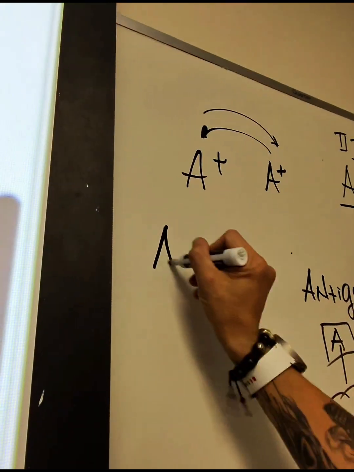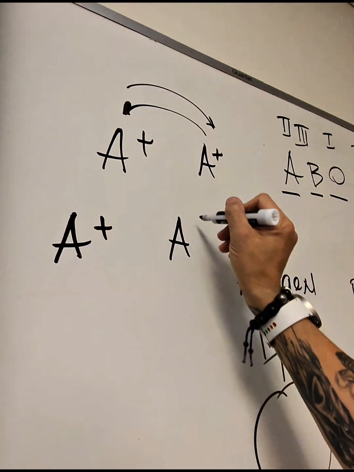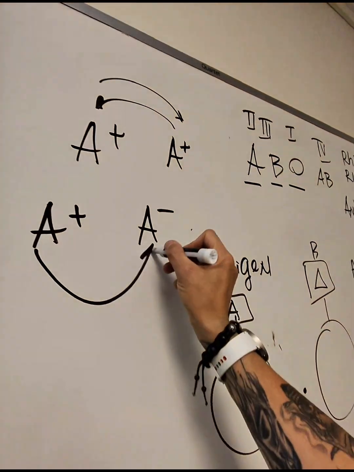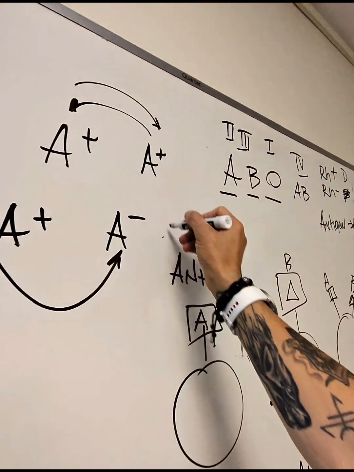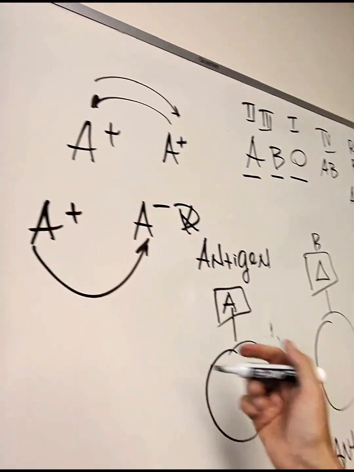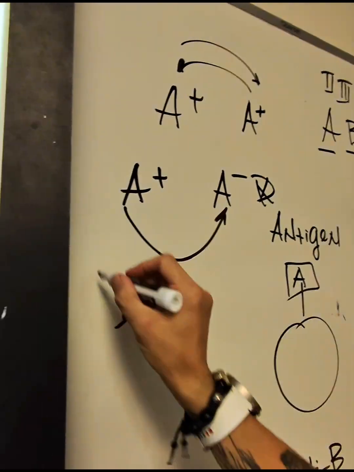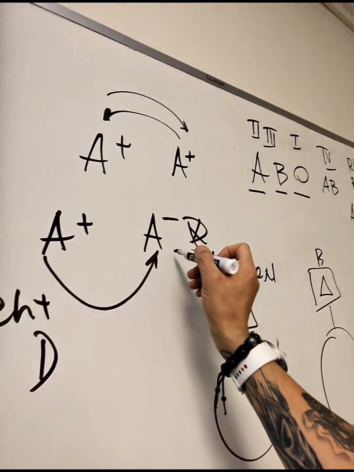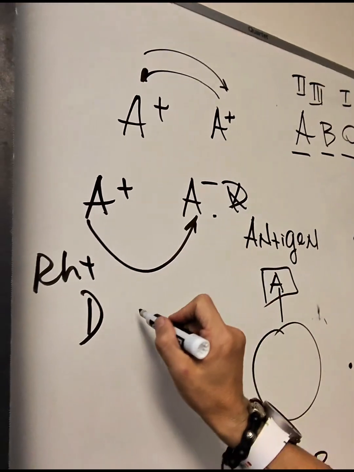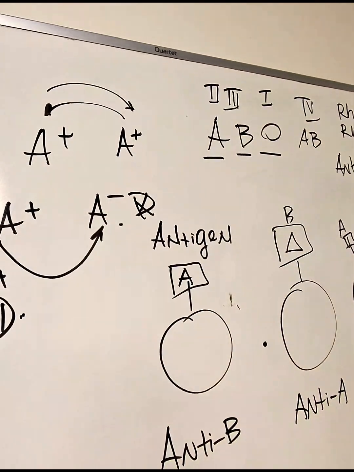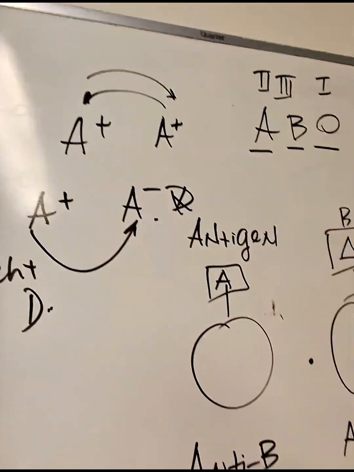If you're A positive and the other is A negative, you cannot bring A positive into A negative, because negative does not have D and has never seen it before. If you bring this D, which is Rh positive, your body will be sensitized, meaning your body will create antibodies against D. And then with the second exposure, that could be problematic.